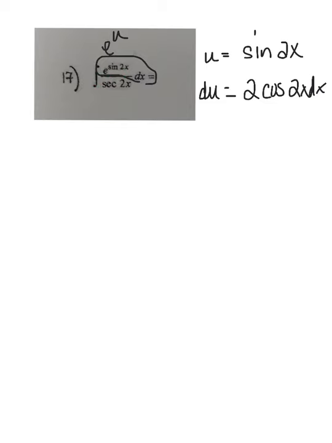All right, now let's talk about this piece right here. Let me put this in a different color. So let's look at this part right here. That says dx over secant of 2x. Well, I don't have secant here, do I? But aren't cosine and secant reciprocal trig functions?